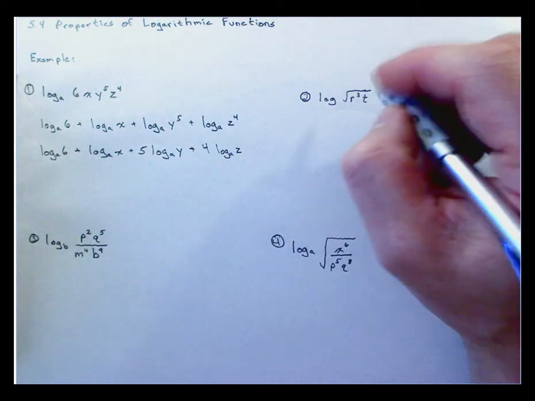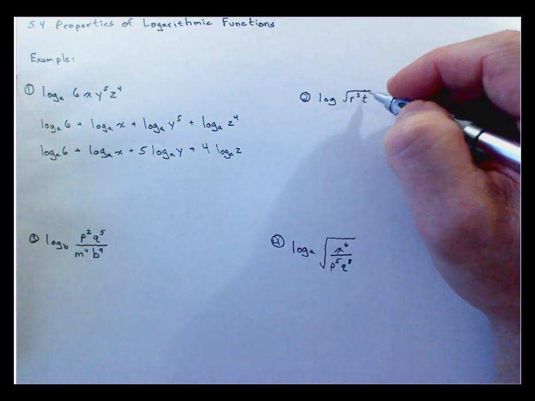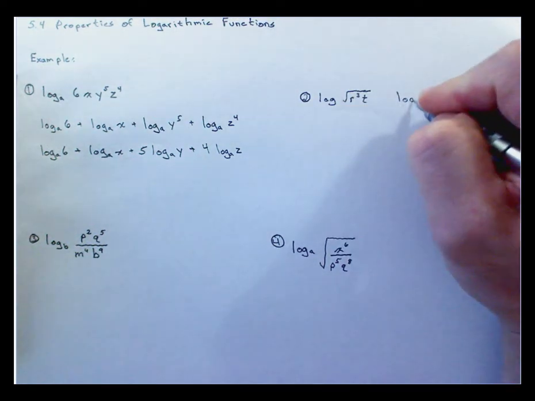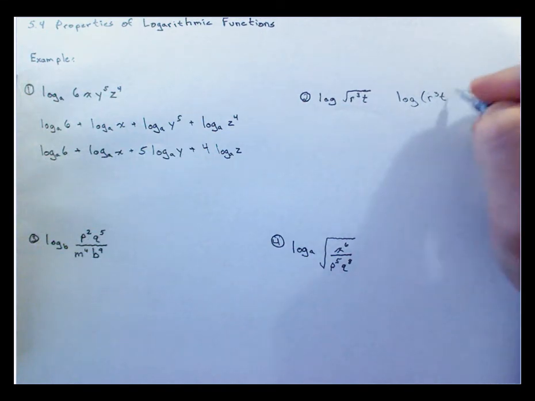For the next one, whenever I work with exponents, I never use square roots or cube roots. I always use just the fractional power. So I would rewrite this as log of r cubed t to the 1/3 power, or sorry, whoops, to the 1/3 to the 1/2 power.